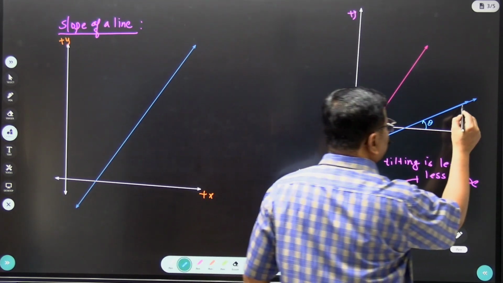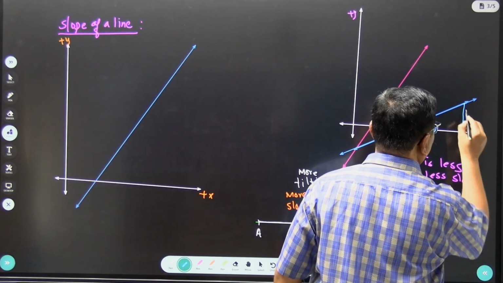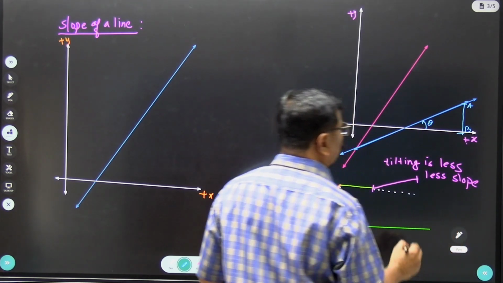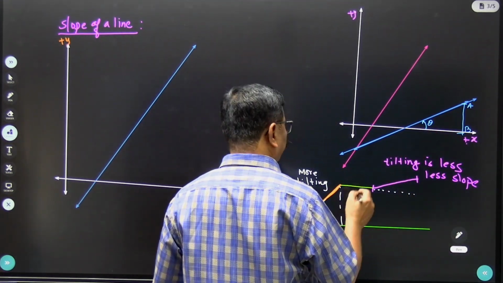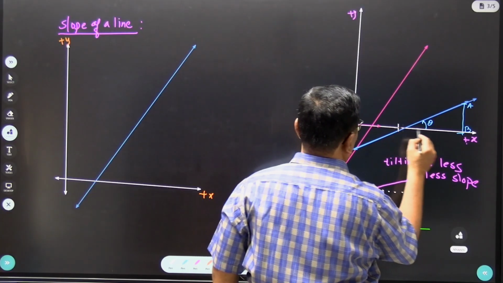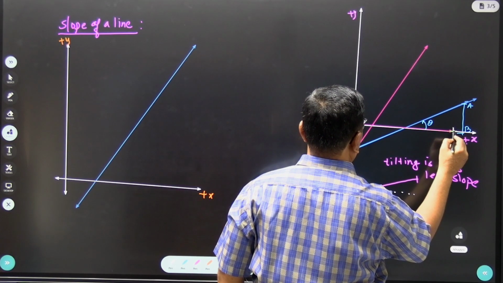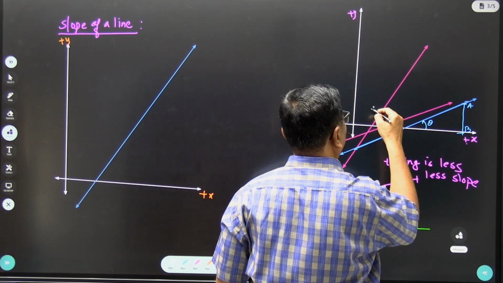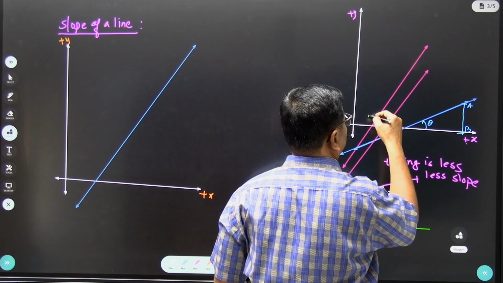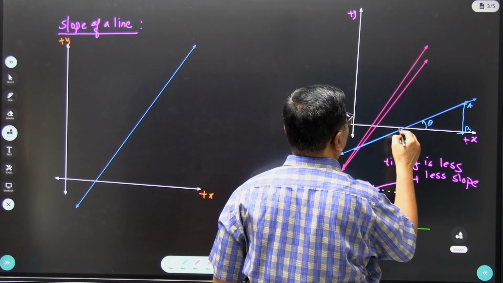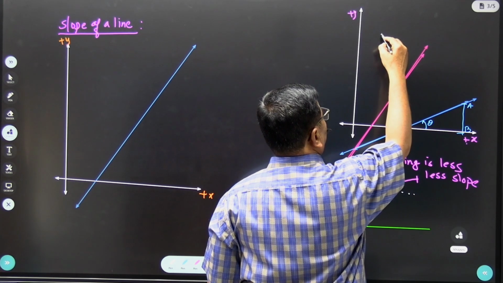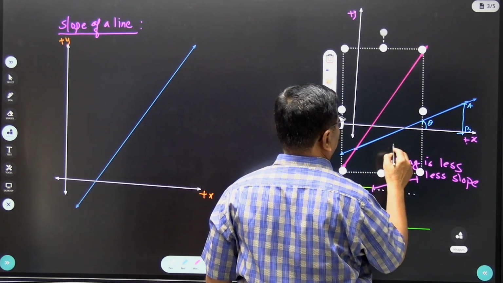So here the rise is less for this particular portion. So for example, we'll call this as a length AB. So this height is less. But if you take the another line, see, I'm tilting this line more.